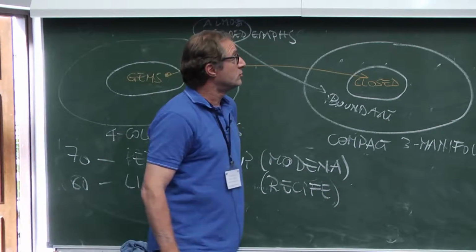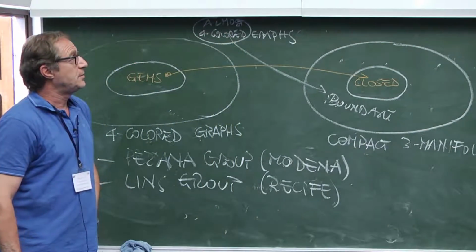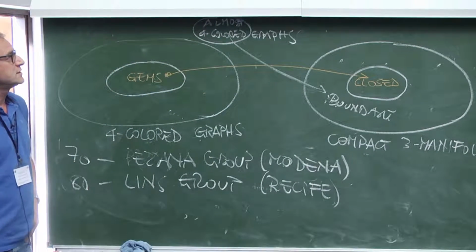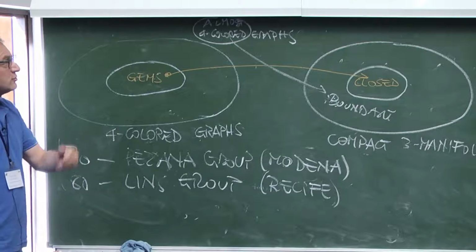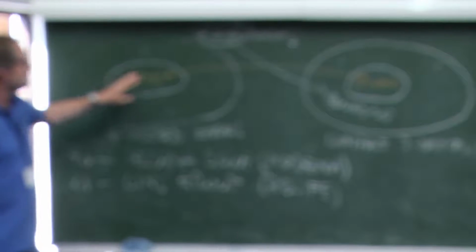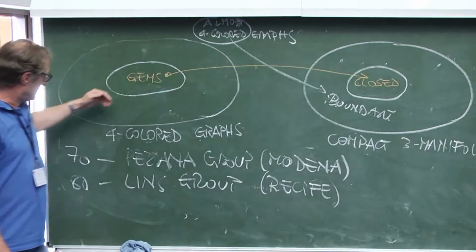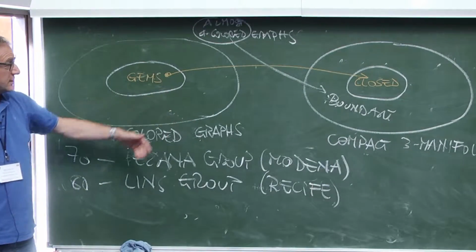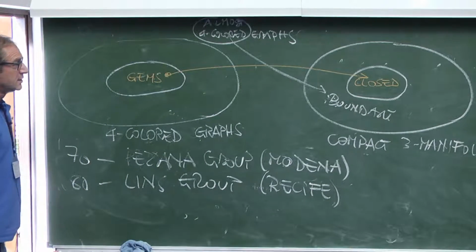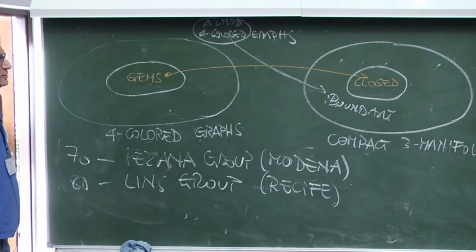So very few papers are devoted to this construction, but a few years ago, following also a suggestion of Sergei in his book, we understood that it's not necessary to go out from the class of four-colored graphs in order to represent compact 3-manifolds with boundary.